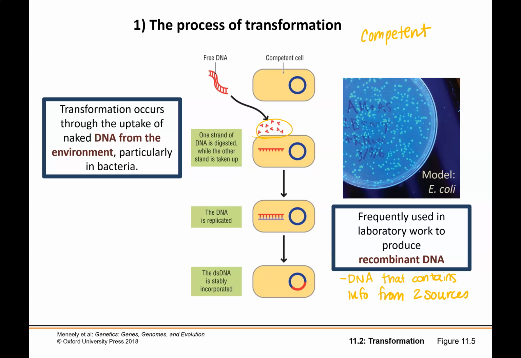So we might want to, in a laboratory, actually get our E. coli or other bacteria to take up and express a piece of DNA from another organism. Now, there's a variety of reasons we might do this. We might do this to study the DNA, to study the gene, to see what protein it makes, or to see how it functions. We might use this for pharmaceutical purposes.